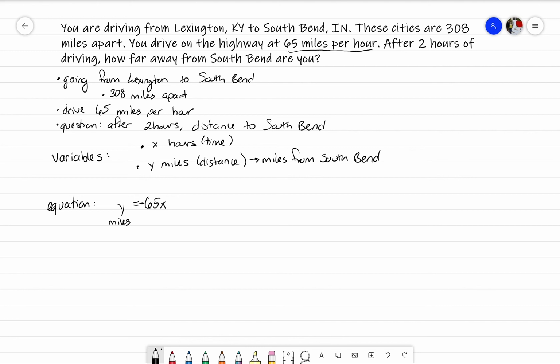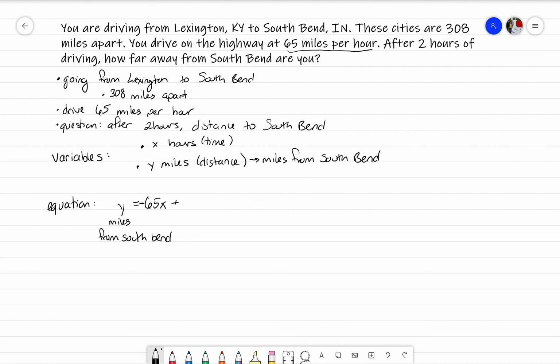Okay, so now we look at the information we have. We look at our list and say, yep, we took into account the fact that we're going from Lexington to South Bend. Oh wait, but we didn't take into account the 308. So y, remember, is miles from South Bend, so the other side also needs to be miles from South Bend.